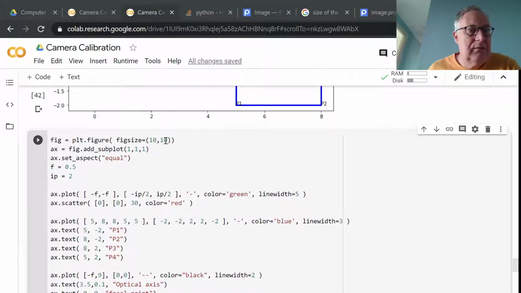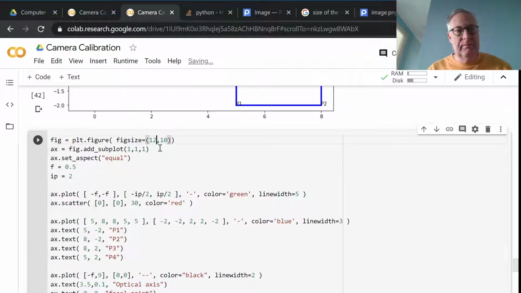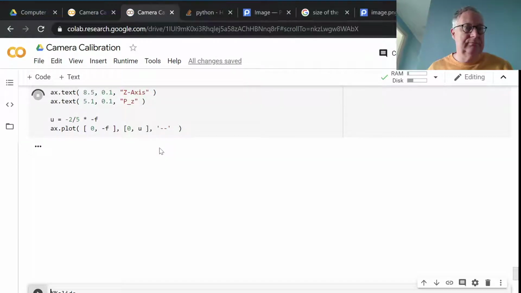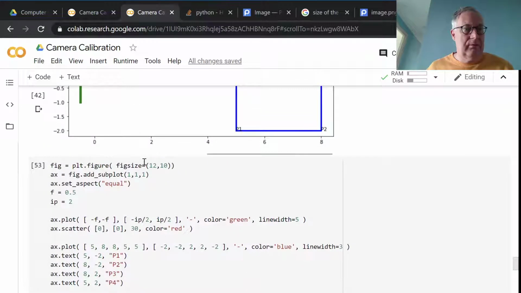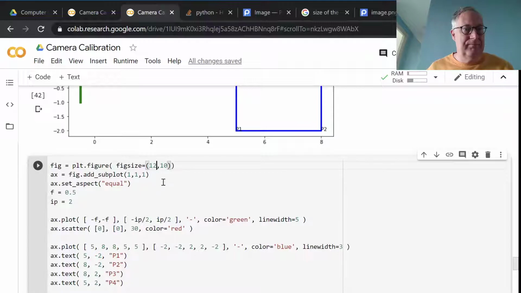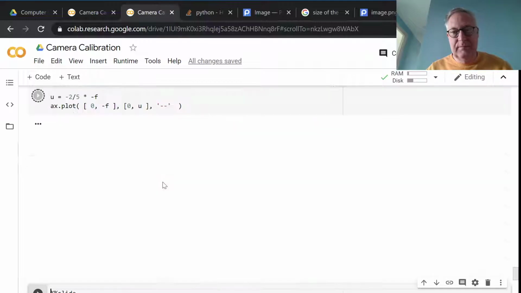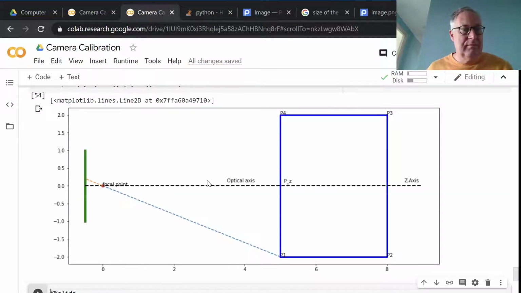Let me make that one a little bit bigger, maybe 12. Here's our figure so far.